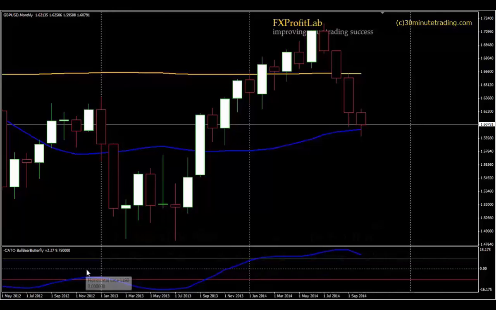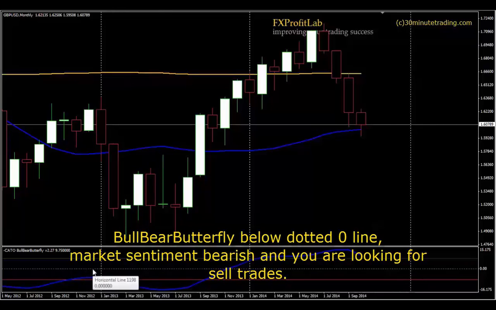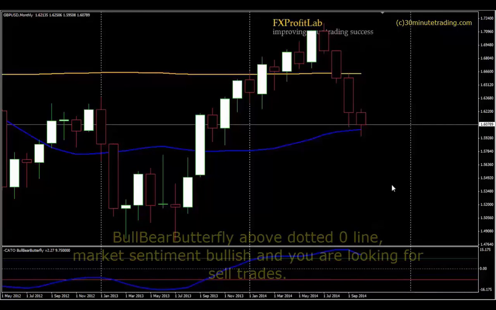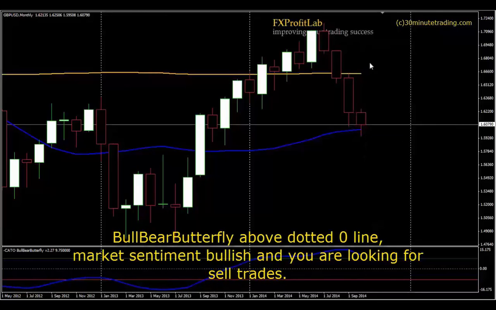And when it's below the dotted line, you should be looking primarily for trades to the downside, and when it's above the line, you should be looking primarily for trades above the line, or up.